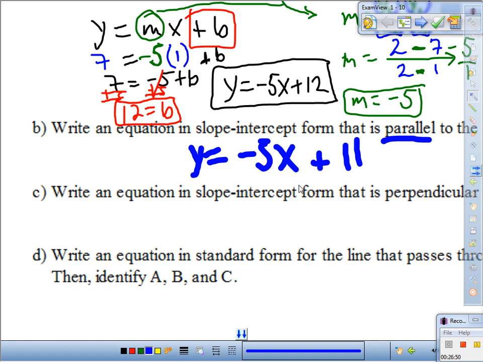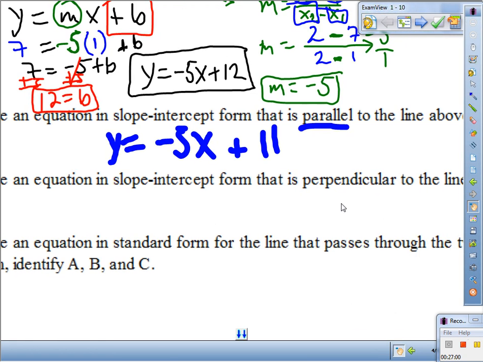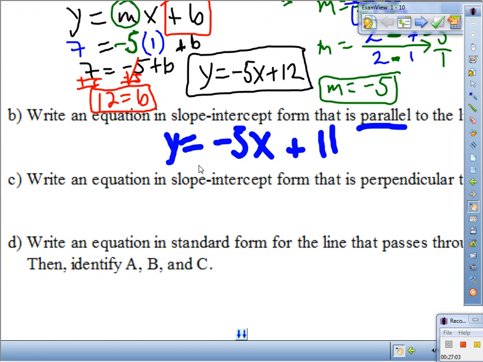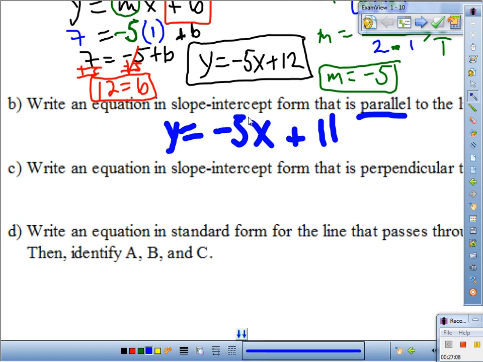Write an equation, slope-intercept form, that is perpendicular to the line above, which means this one. Write your perpendicular equation, please. I'm going to switch to red. All right, share with your neighbor your perpendicular.